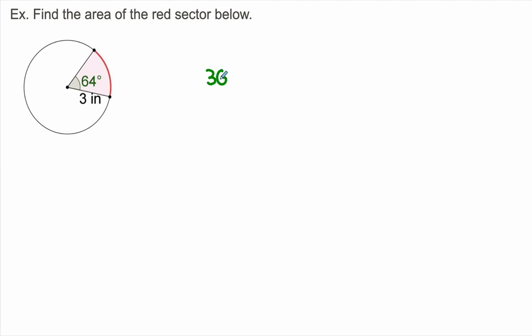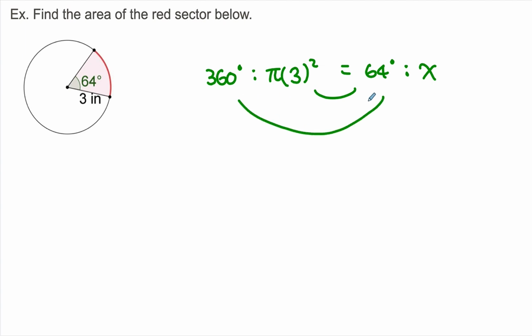I know if it is a circle, it's 360 degrees, and the area is pi r squared. In our case, r is 3 inches, squared. But I am given only 64 degrees of angle instead of 360, so 64 degrees to what the area of the sector is. And then I can do inner and outer.